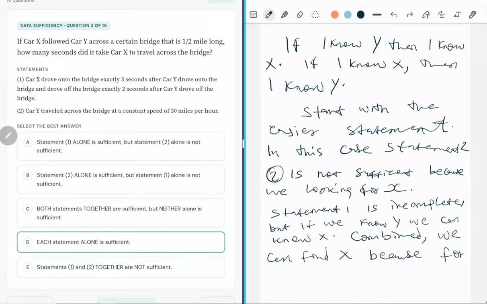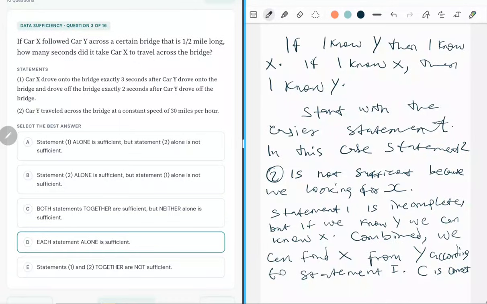So 0.5 divided by 30, I'm overthinking this question. 0.5 divided by 30 is 0.02, is time, right? So we know the time for Y.